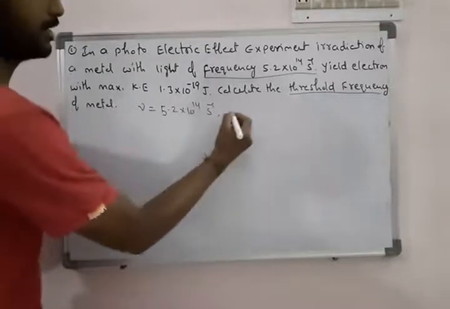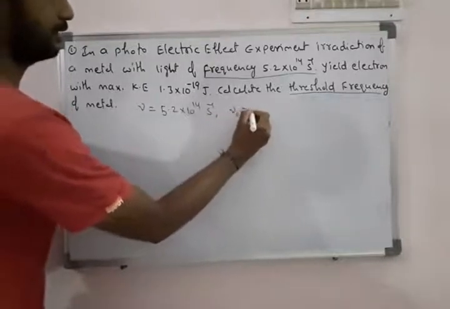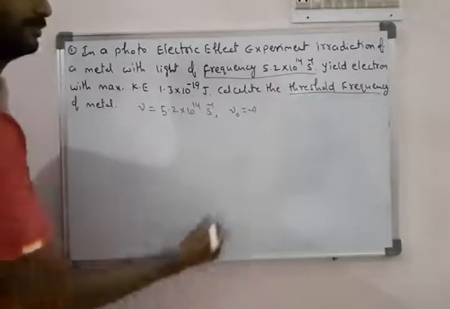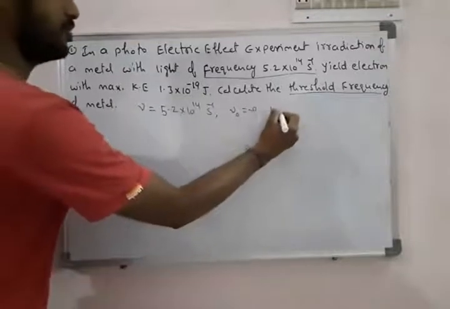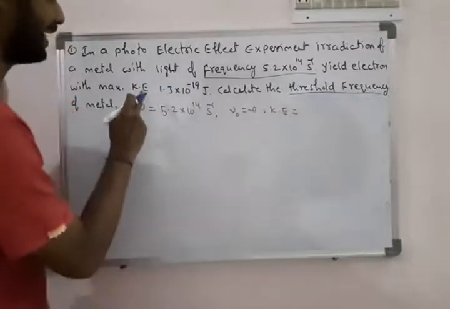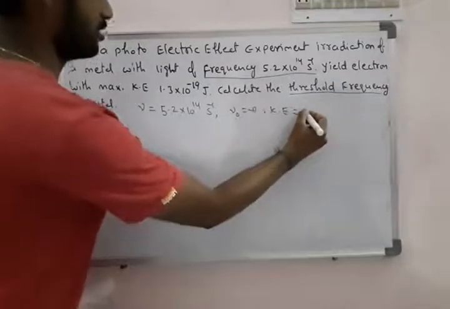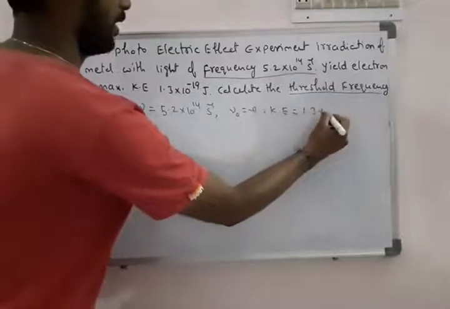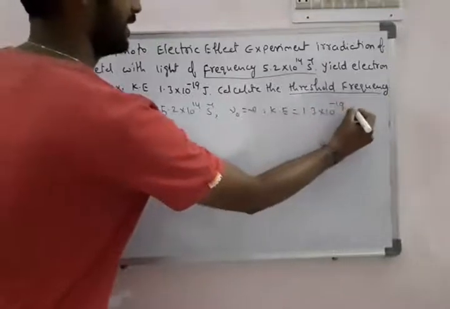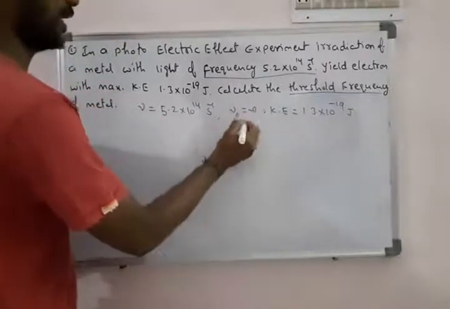We need to find the threshold frequency of the metal, that is, nu naught. And there is information also given, the kinetic energy of the electrons. So what is the kinetic energy of electrons? That is 1.3 × 10^-19 joules. We need to find this.